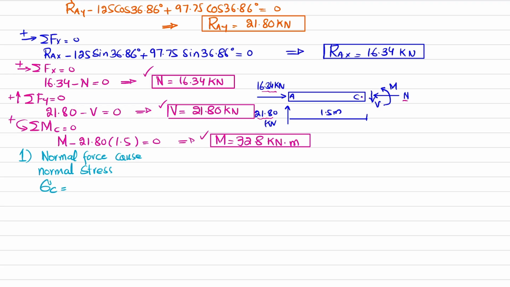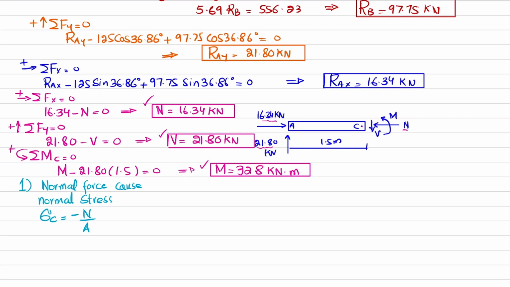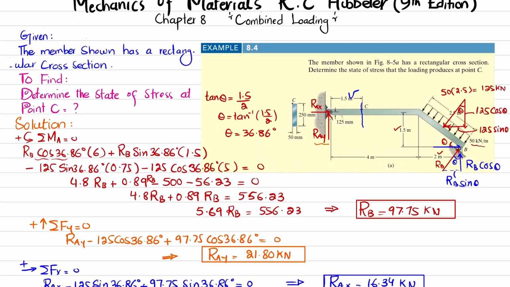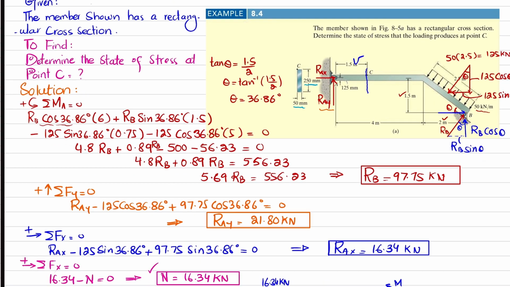So sigma C is equal to minus N divided by A. Why minus? Because you can see this N is compressive. This is compressive stress towards C. So I can write N is minus 16.34 kilonewton, so 16.34 into 10 raised to power 3 divided by the cross-sectional area. The cross-sectional area is breadth and height. In meter it will be 0.05 and height will be 0.25.